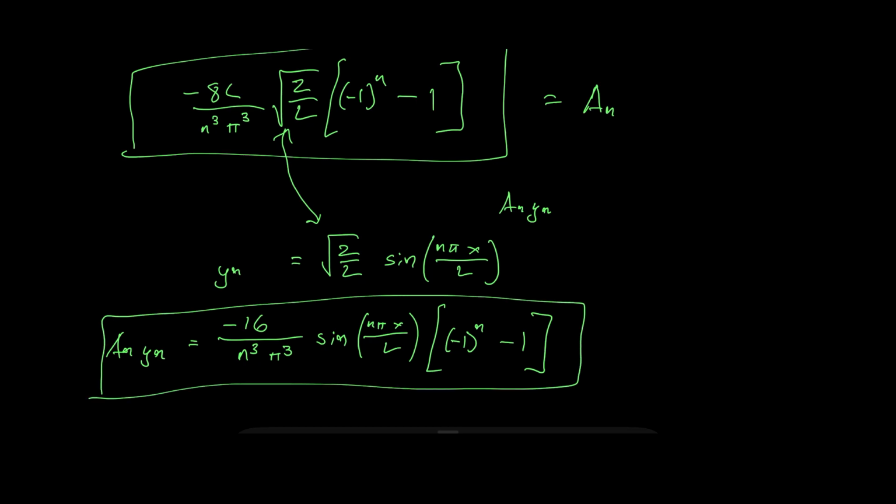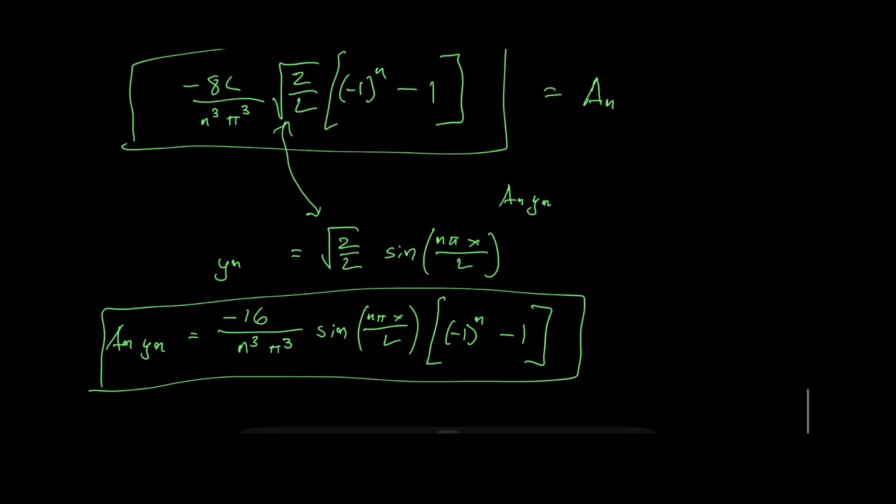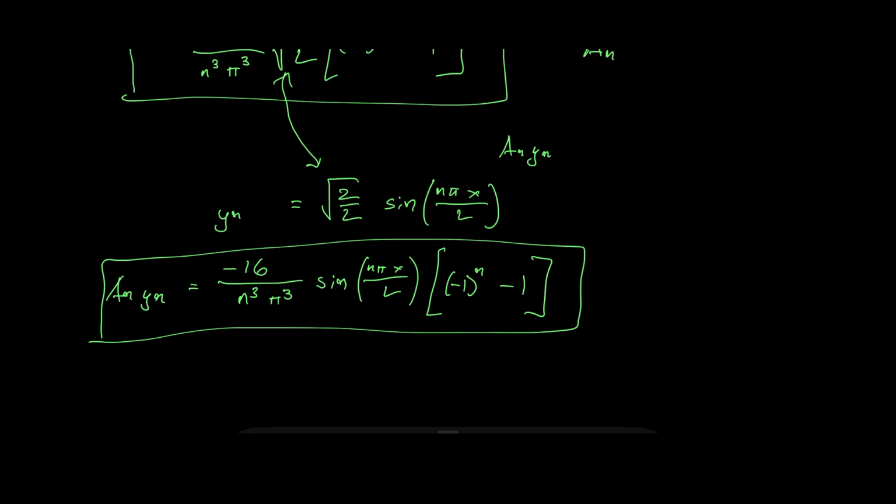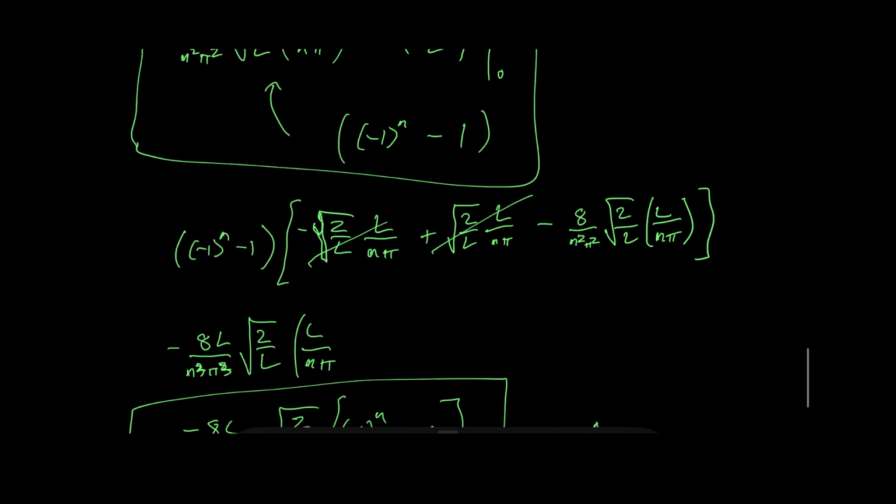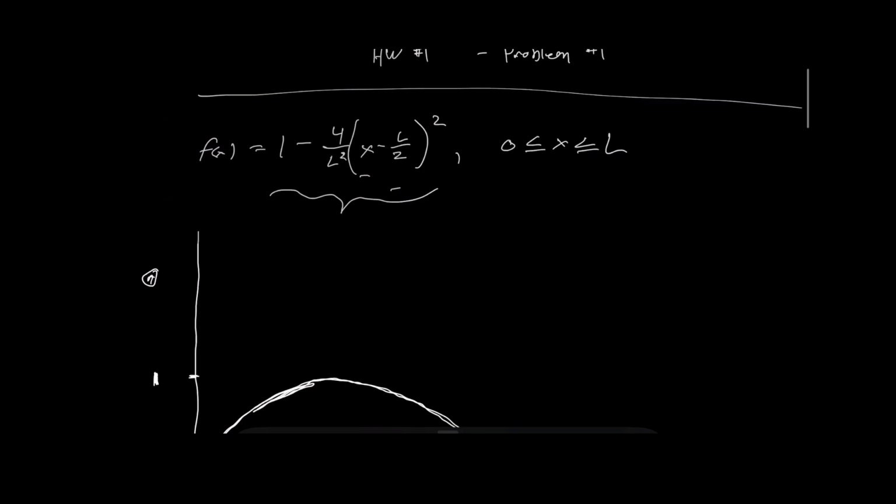Now the next part of this problem, it wants us to plot it, which I'm not going to do here. I don't have the software to show that to you. But the next step would be to take this equation and plot it in whatever you want, MATLAB or Python, and then allow n to get very large, and it should look like our original graph up here.